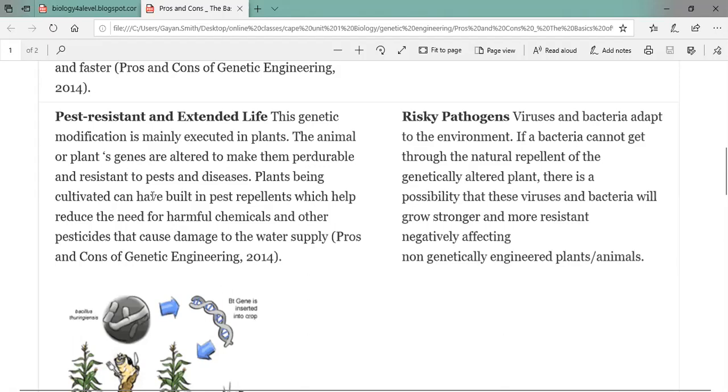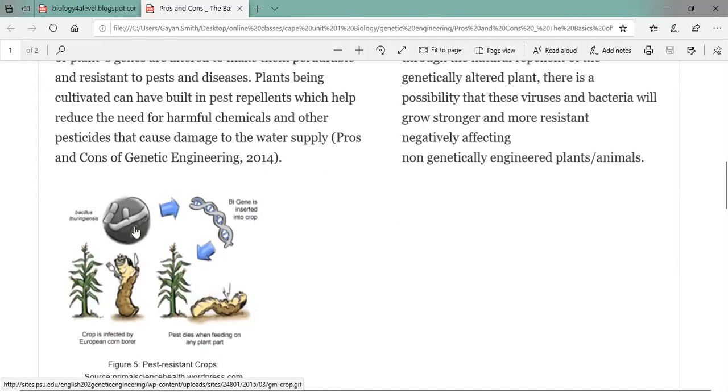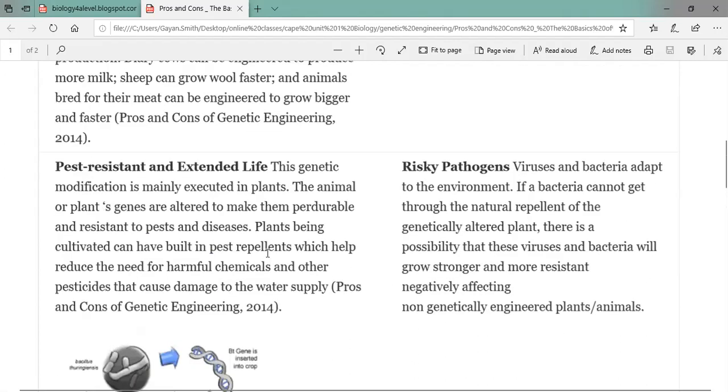Plants being cultivated can have built-in pest repellents, which help reduce the need for harmful chemicals and other pesticides that cause damage to the water supply. So they're saying if you can engineer the plant with a gene that they can produce their own pesticide and kill the pests, that means you won't have to spray the plants with pesticides or insecticides, and so it won't contaminate your water supply. What is the con against this now?